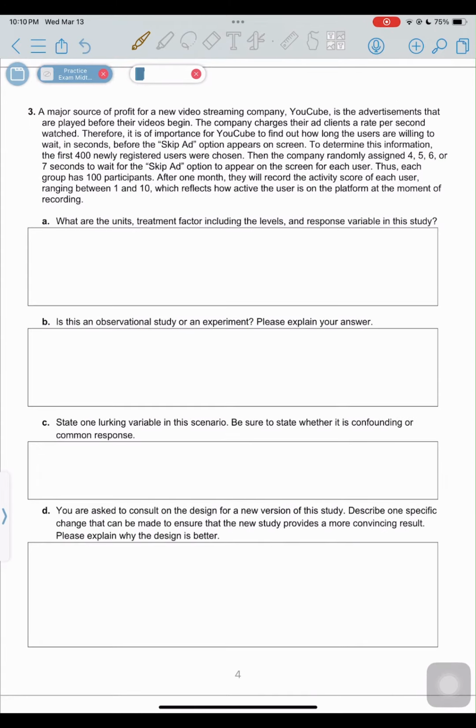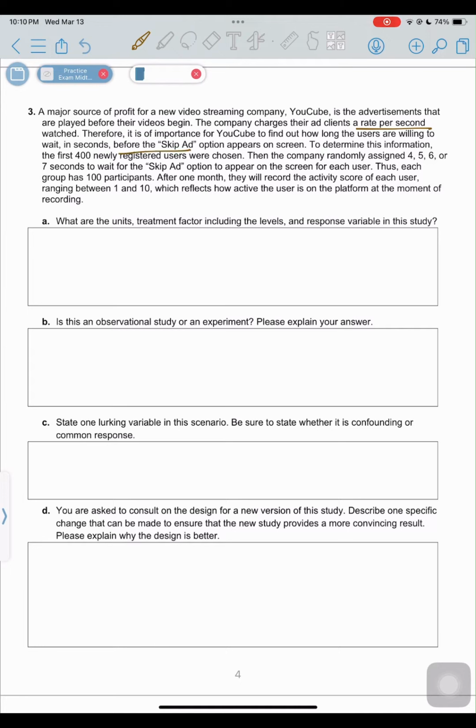Okay, this question: a major source of profit for a new video streaming company, YouTube, okay, not YouTube apparently, is the advertisements that are played before their videos begin. The company charges their ad clients a rate per second watched. Therefore, it is of importance to find out how long the users are willing to wait before they skip the ad.